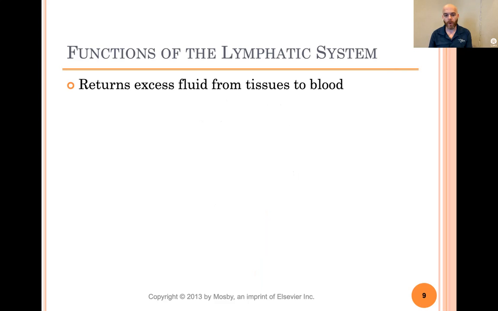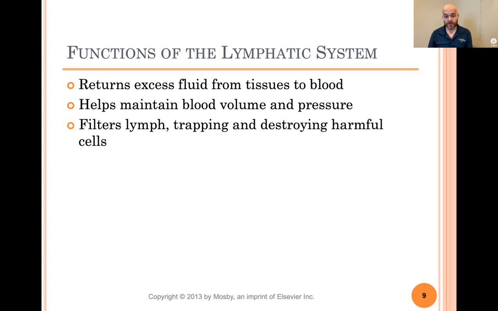What are the functions of the lymphatic system? The lymphatic system returns excess fluid from the tissues to the blood, helps to maintain blood volume, filters the lymph, which is the edema and the fluid I was talking about, and it traps and destroys harmful cells.